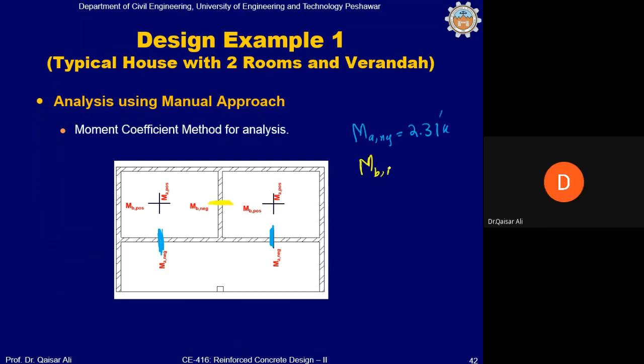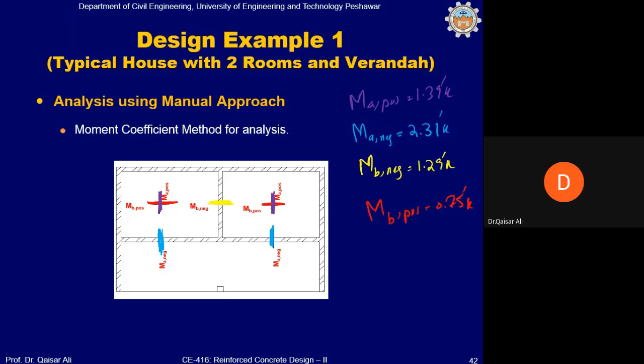So MB negative is equal to 1.29 foot. What about the MB positive? 0.75. And what about the MA positive? 1.39.